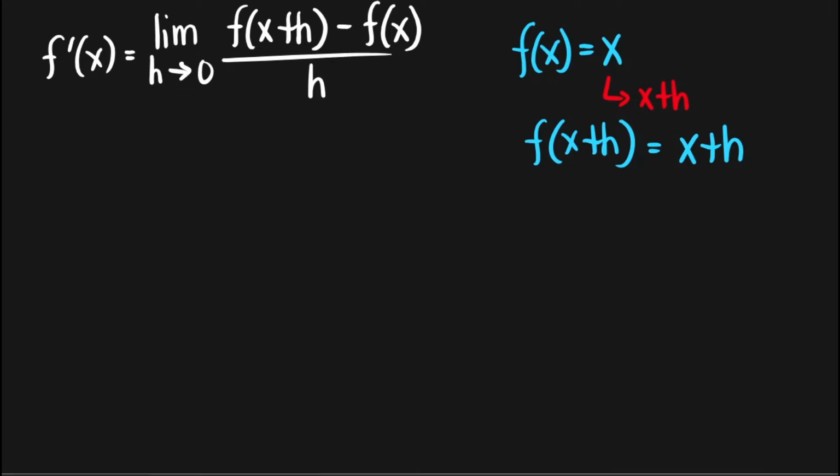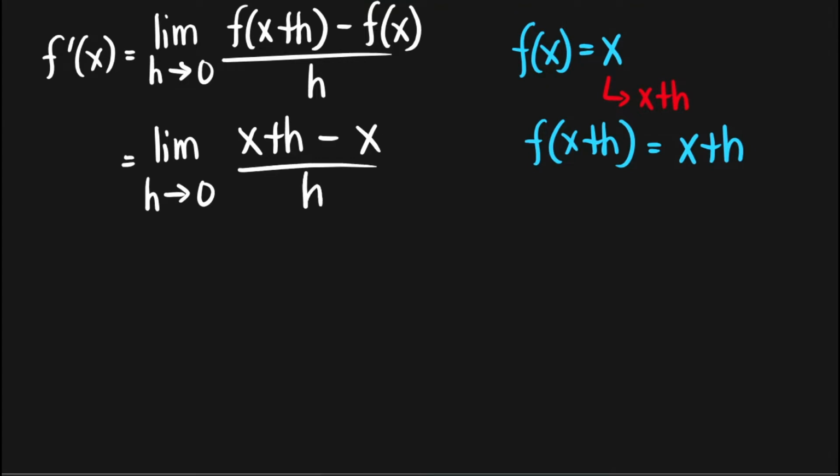Now let's plug in our values to the formula. F prime of x is equal to the limit as h approaches 0. The value of f of x plus h is x plus h minus the function f of x, which is x divided by h.